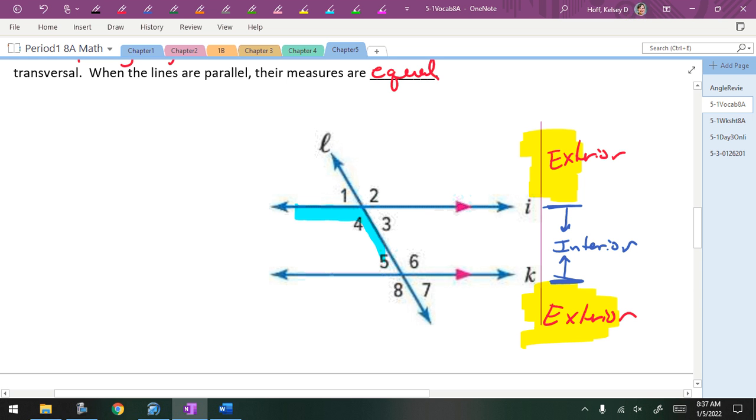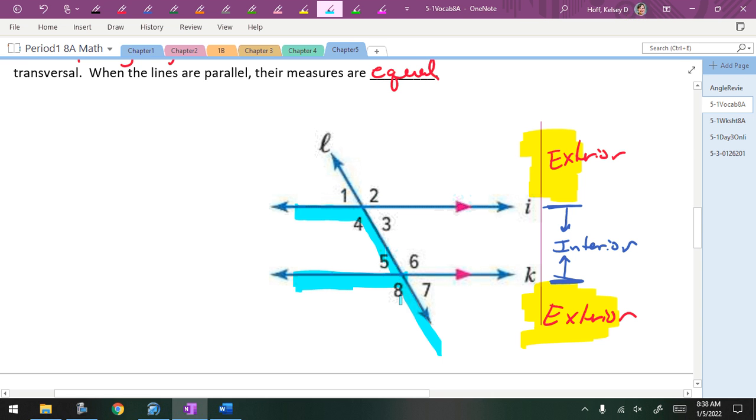If I look at line K, don't shout it, just think. What angle is below K and to the left of the transversal? 8. If I trace 8, do you see the F? Okay? These corresponding angles are like if you slide the lines over top of one another, they would overlap.